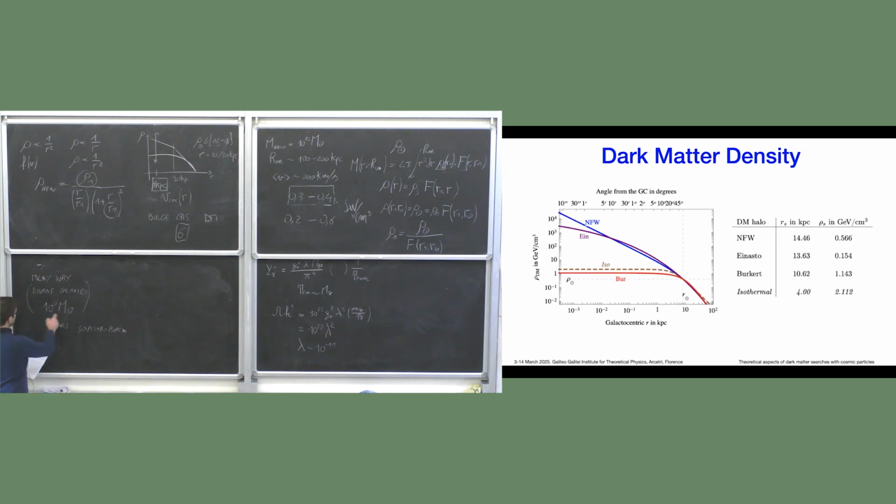So the mass is basically 10^6 solar masses, and the size is between, let's say, tens of parsec up to hundreds of parsec. And I will show you tomorrow how we study exactly the dwarfs with Fermi-LAT data. Another possible set of targets are clusters of galaxies.